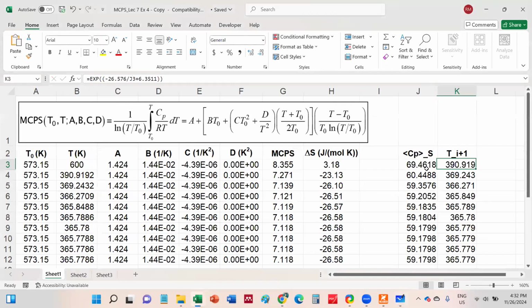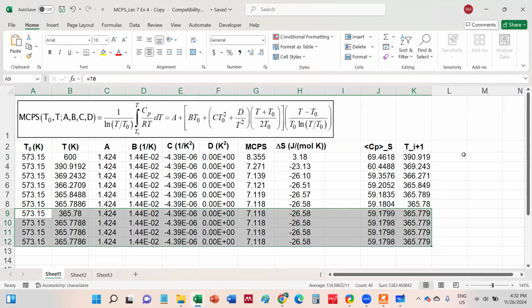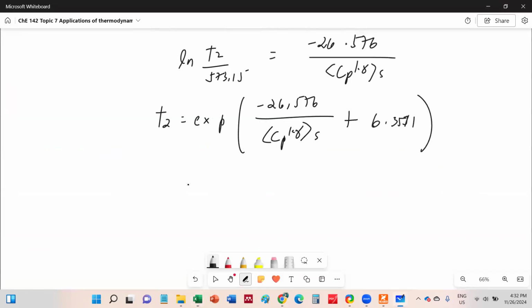So doing that and iterating the actual temperature, without assuming ideal gas, is 365.8. So from iteration, T2 is 365.8 Kelvin.